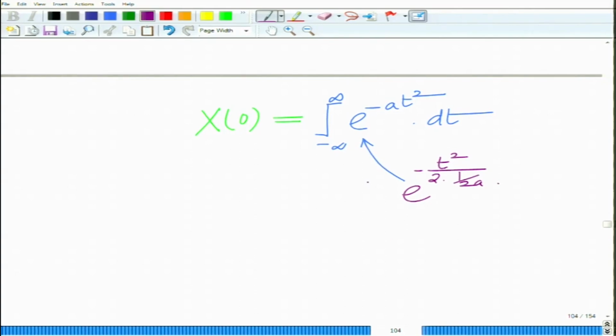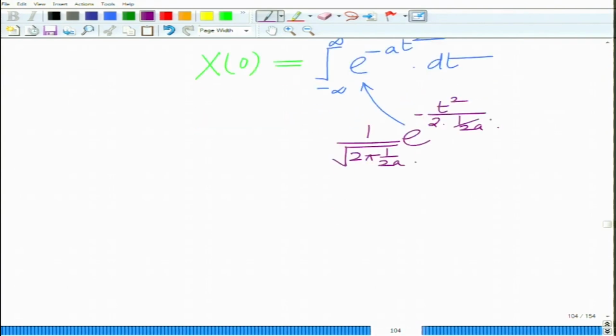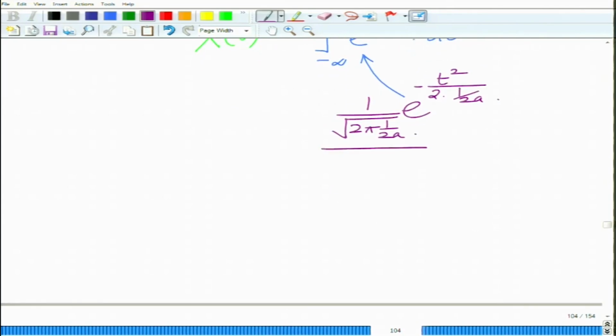And now, if I multiply this by square root of 2 pi times 1 over 2a, this represents a Gaussian probability density function.